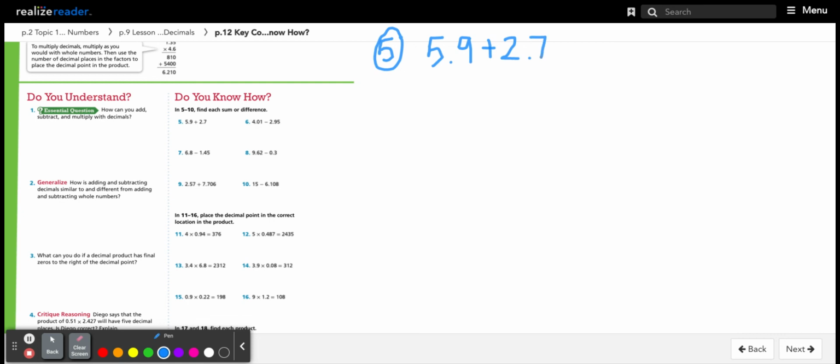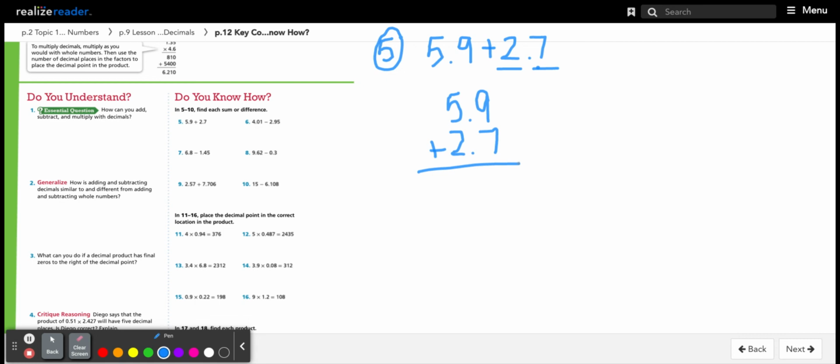So I want you to rewrite this addition question in your notebook, remembering to line up the decimals. So when I write this addition question, I should have 5.9 plus, okay, let's see, my decimal point. 2 is in the ones place, so that goes underneath my 5 in the ones place. 7's in the tenths place, underneath the 9 in the tenths place. That's how you should have lined this up. If you didn't line this up, please fix it and then solve the question.